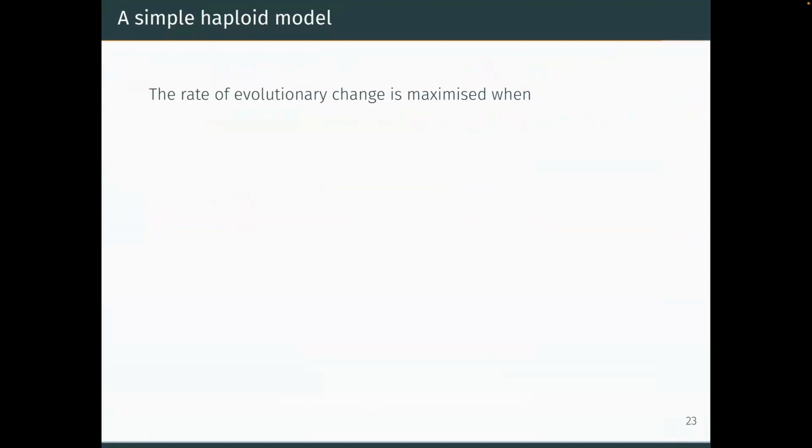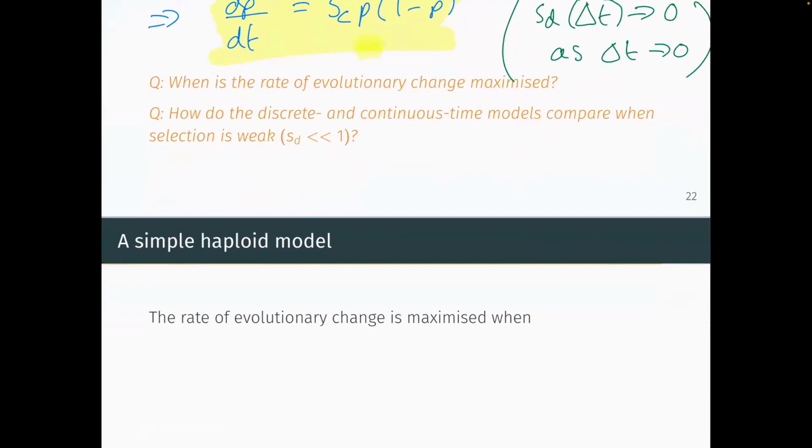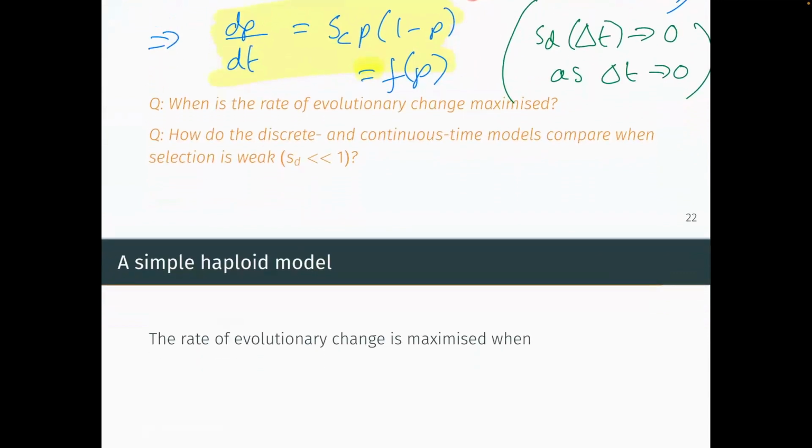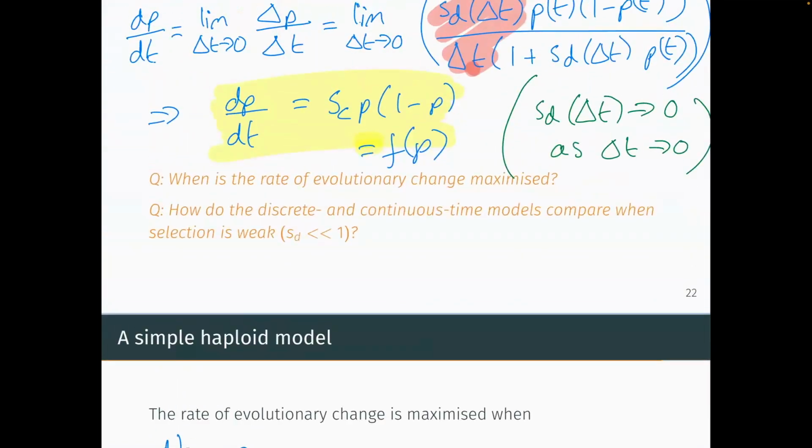If we think about this right-hand side here, if I define this to be f of p, just some function of p, the rate of evolutionary change is going to be maximized when the derivative of that right-hand side is equal to 0. So this is my instantaneous rate of change: my selection coefficient times p times 1 minus p.